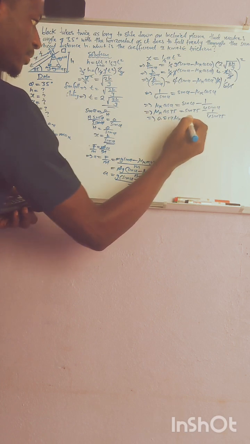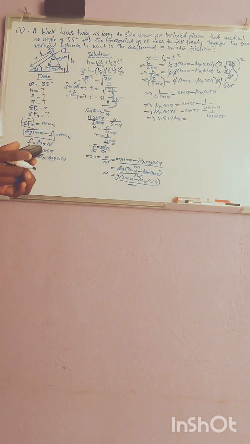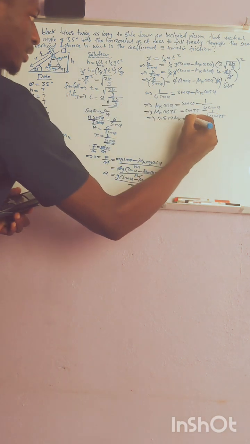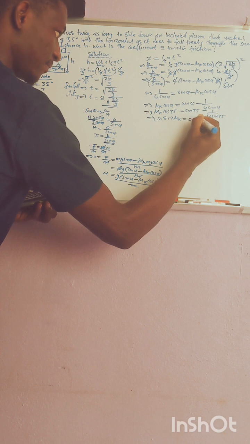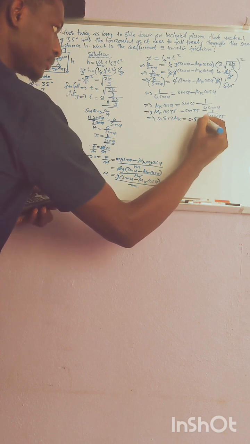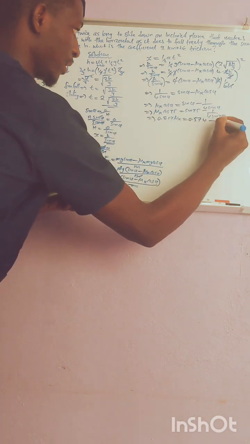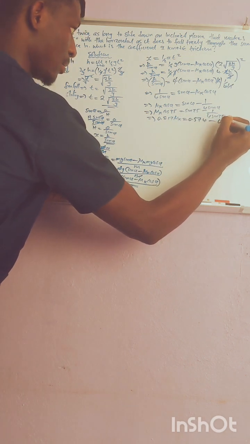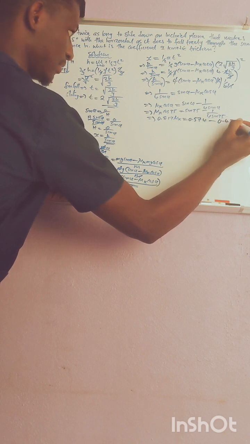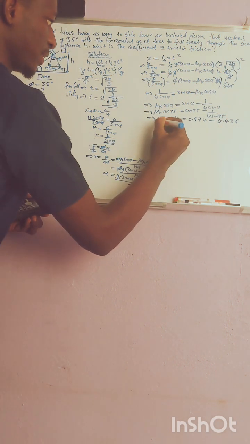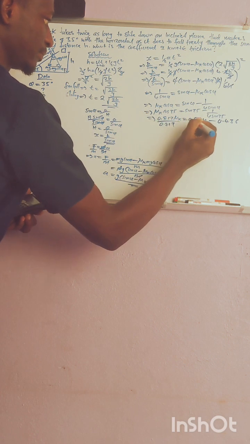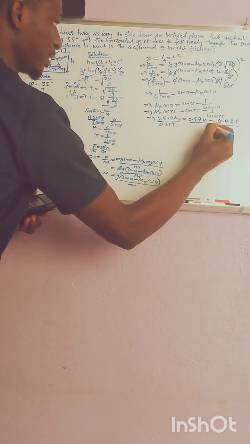Sin 35 is 0.574, minus 1 over 4 sin 35, which is 0.436. We divide this by 0.819.